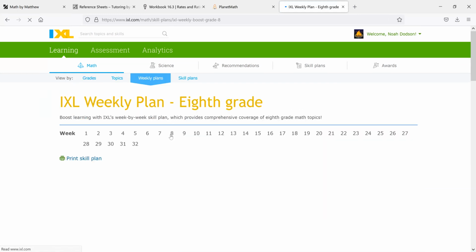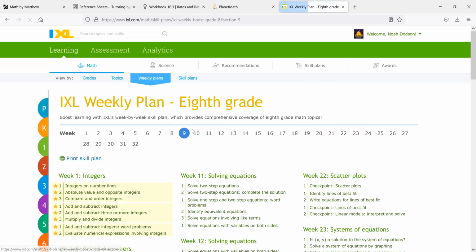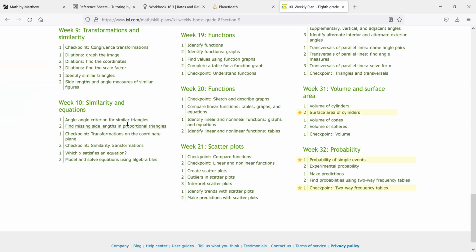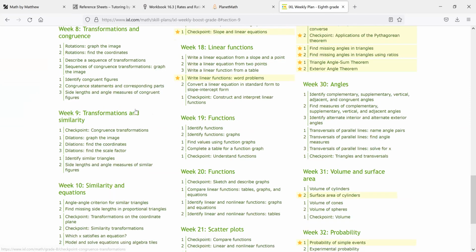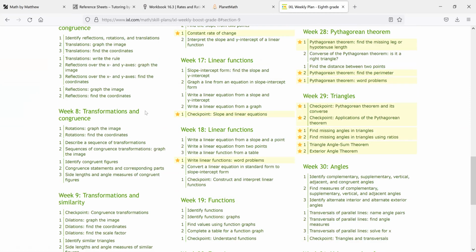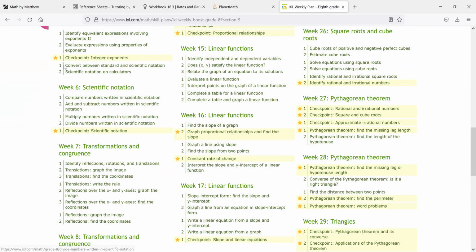Okay, but it looks like you've already done week 9. Your week 9 weekly plan, did you do the dilations? Yeah, I think so. Okay. All right. Trying to figure out what we could work on to best help you. What are the starred ones? What does that mean?